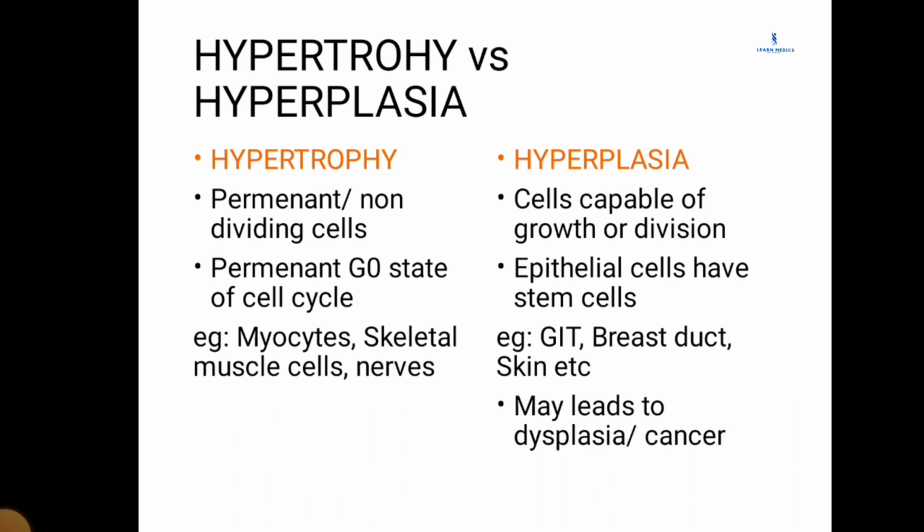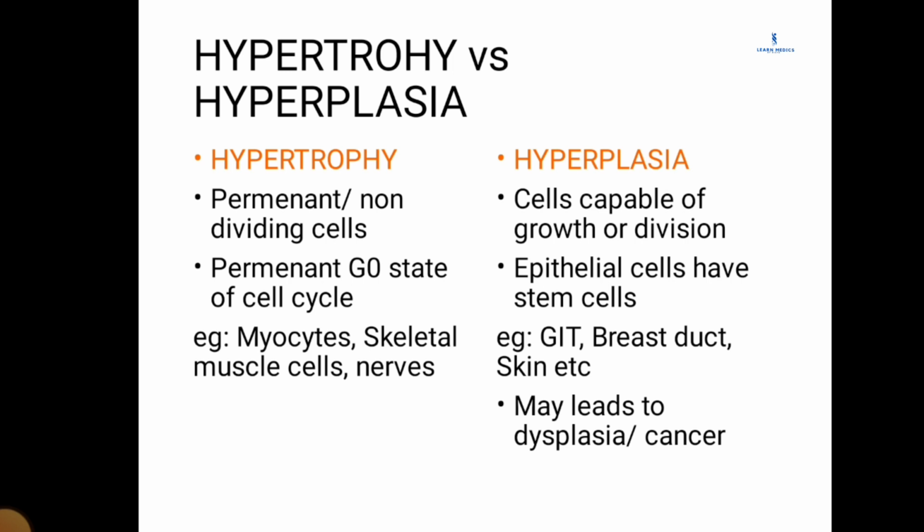These cells are in the permanent G0 state of the cell cycle, so they can't divide further. Examples are myocytes in the heart, skeletal muscle cells, nerves, etc. They can't divide further, but they can increase the cell size, meaning the proteins, filaments, etc. synthesized in the cells are very high.